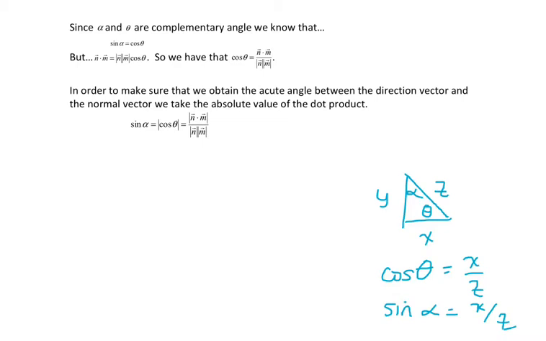So that's what we're saying here, that sine alpha is equal to cos theta if they're complementary. If we do the dot product, like I was saying, we can find cos theta. But of course, knowing that the cos theta is the same as the sine alpha. And then to keep it all with the acute angle, we do the absolute value to find our acute angle.